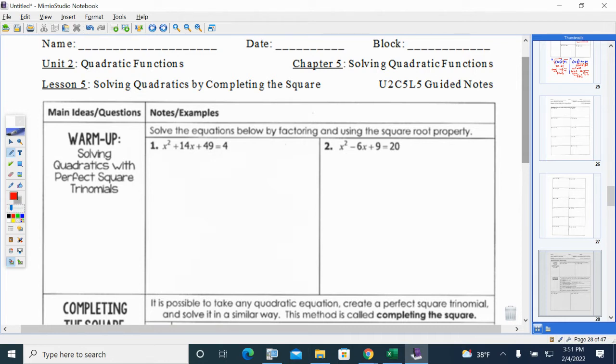And perfect square trinomials is something that I have talked about in a couple of different sections that we've done so far in Chapter 5.